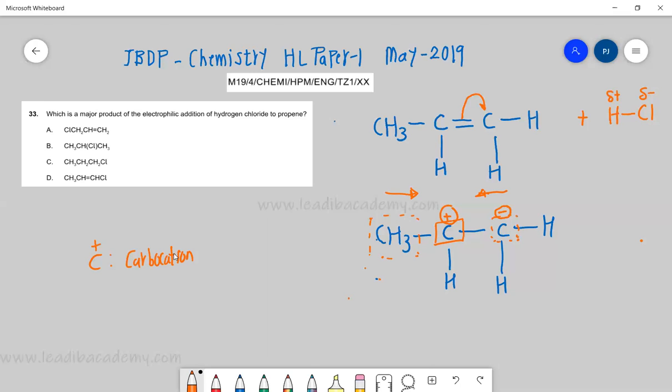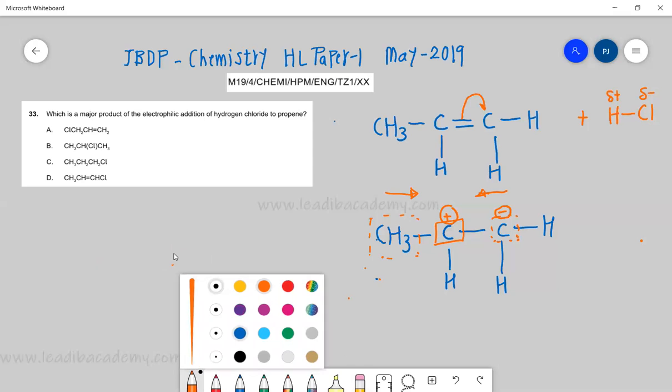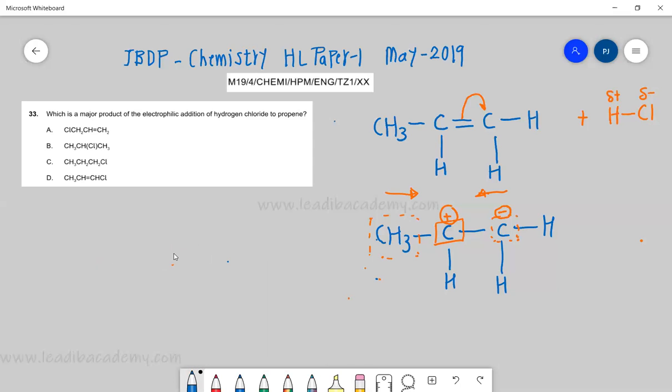So it can remain stable because it is getting electron supply from its two friends. Now let's see what would have happened if it were the other way, because right now we considered this. Now let's imagine that it gets shifted the other way. That means CH3, this becomes C minus and this becomes C plus.